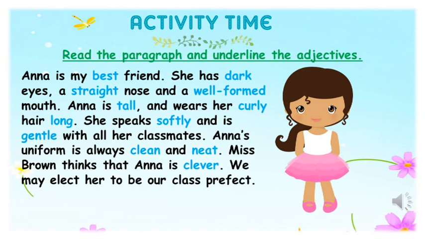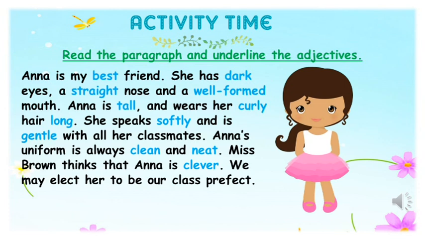She has dark eyes, a straight nose, and a well-formed mouth. Do you see the adjective in this sentence? This sentence has three adjectives that describe Anna: dark, straight, and well-formed.